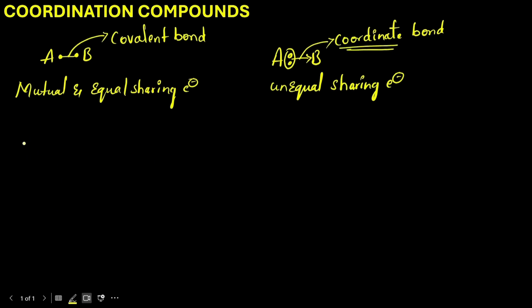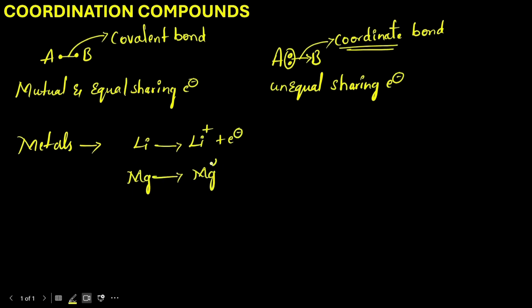We know that metals have a tendency to lose 1 or 2 electrons to form positive ions. Therefore, lithium donates 1 electron and becomes Li+. Magnesium donates 2 electrons and becomes Mg2+.